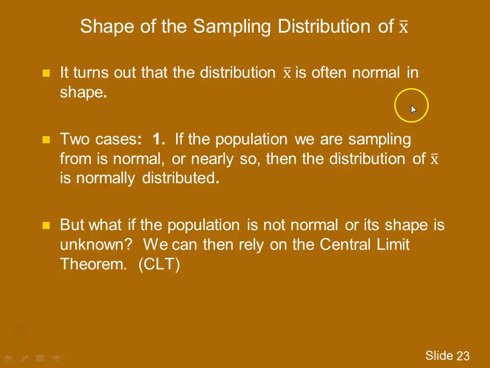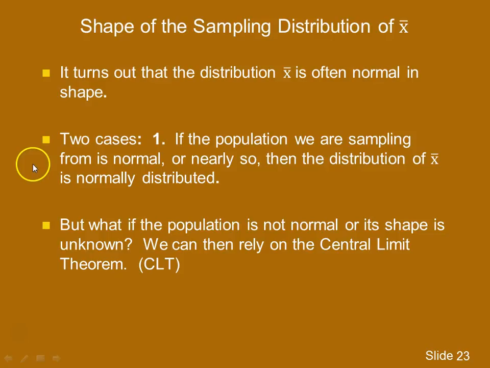Next, we need to know something about the shape of the distribution of x bar. It turns out that the shape is often normal in many cases. I'm going to give you two cases here. You can prove in mathematics that if you were sampling from a normal population, or nearly so, then the distribution of x bar will be normally distributed. Again, that's provable in math, but you don't have to worry about the proof.